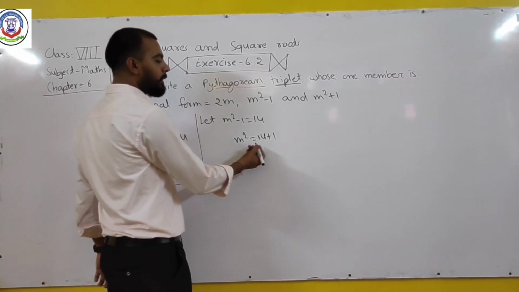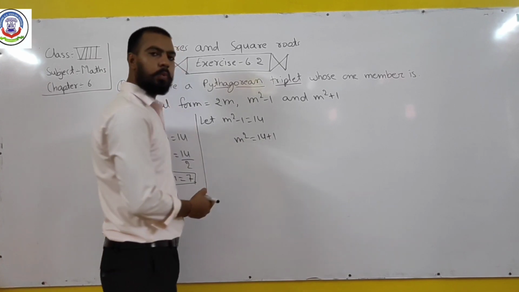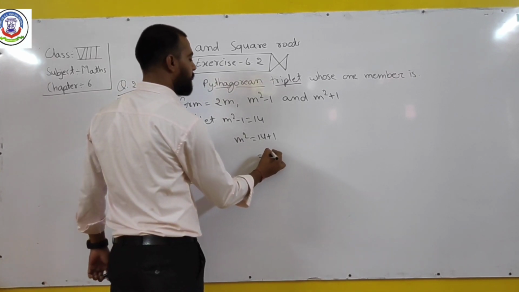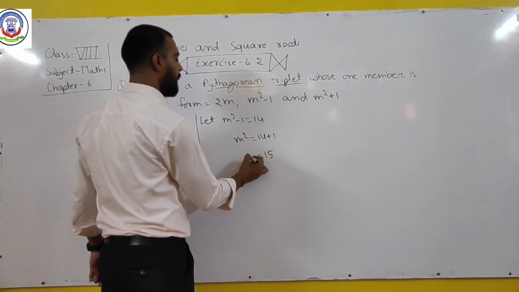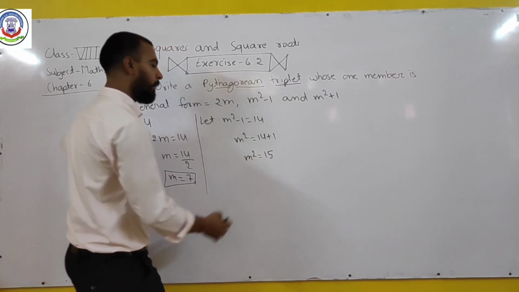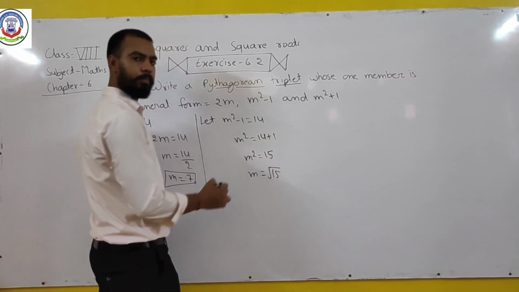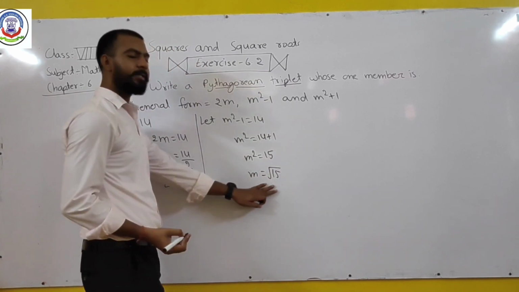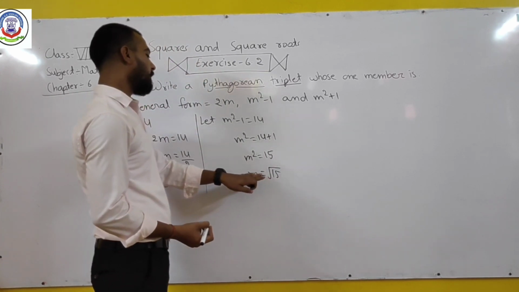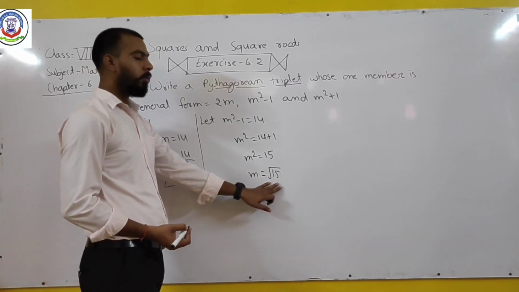So m square is equal to 14 plus 1, and 14 plus 1 will be 15. Therefore m square is 15, and the value of m will be root 15, which is not an integer. That means the value of m cannot be root 15.